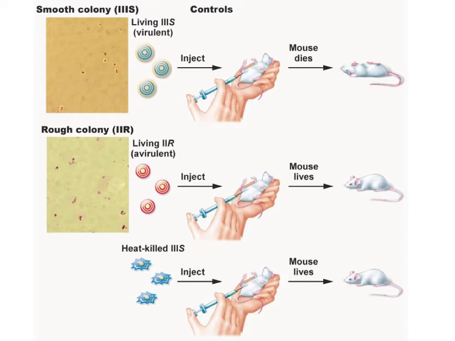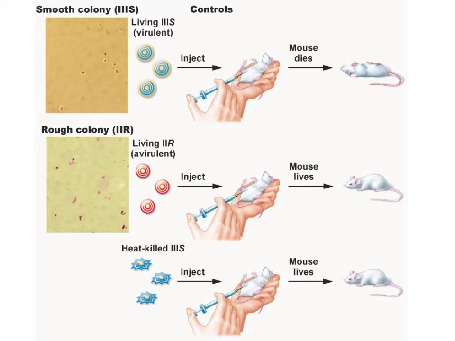But what was interesting that Griffith did is he took those virulent strains and he heat killed them. If you take that pathogen and boil it, you kill the pathogen. You've done nothing other than kill it and inject it into the mouse, and when you do that, the mouse survives.